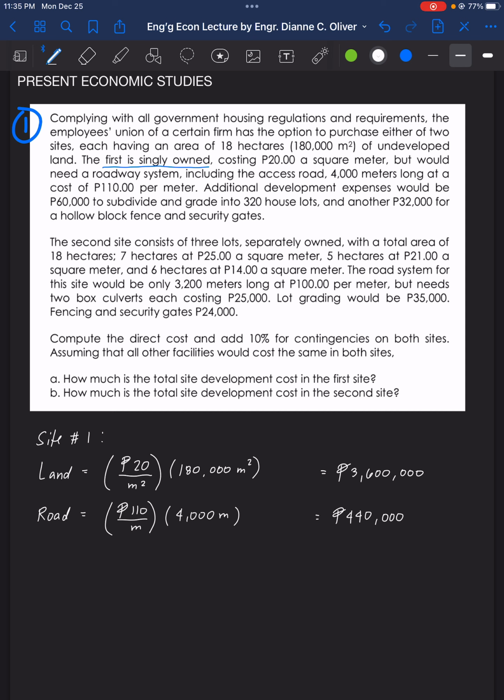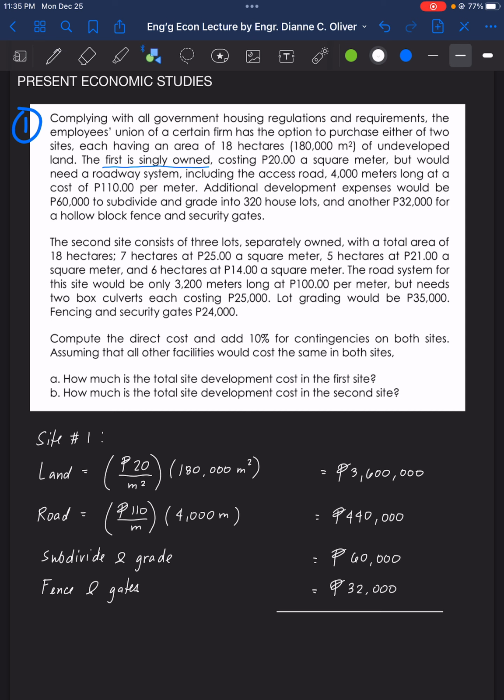We need 60,000 pesos. And another 32,000 for the hollow block fence and security gates, so the fence and gates are an additional 32,000 pesos.